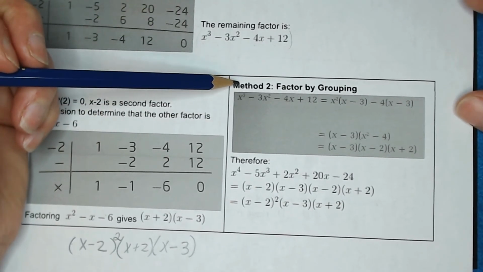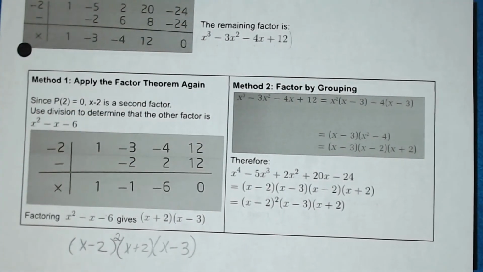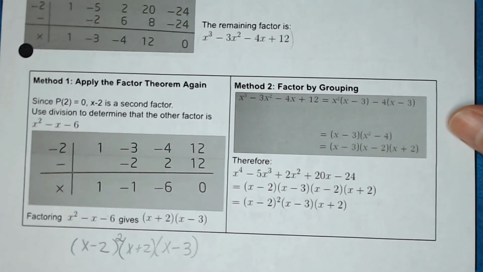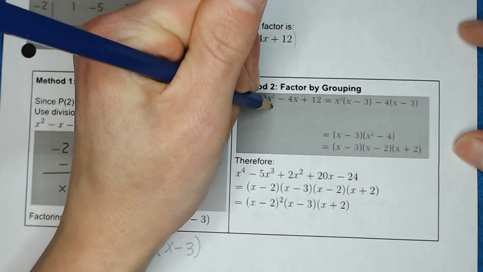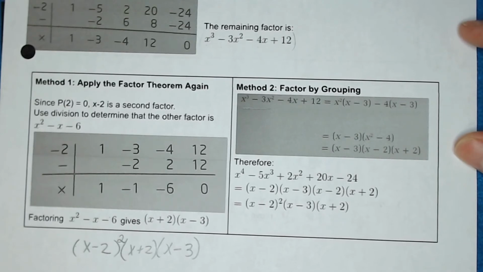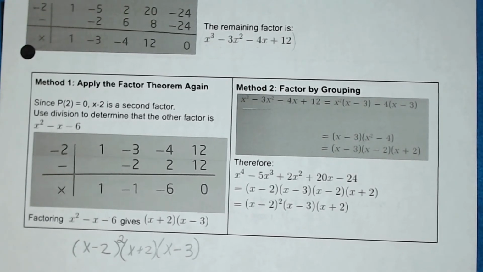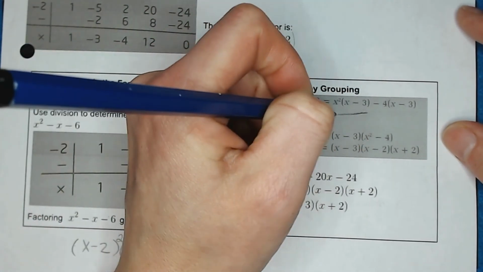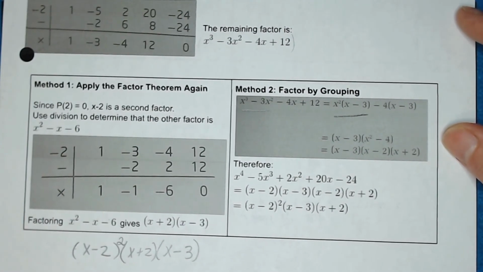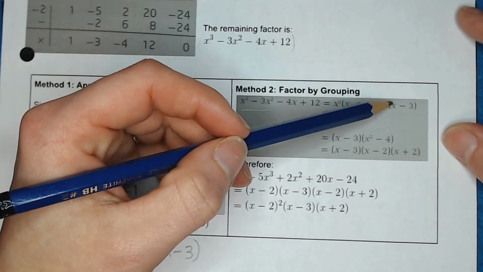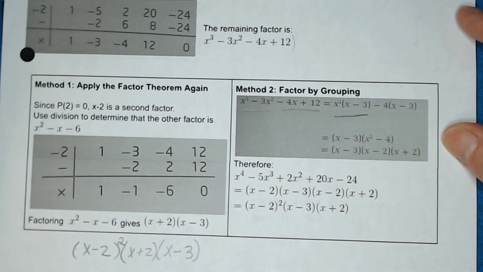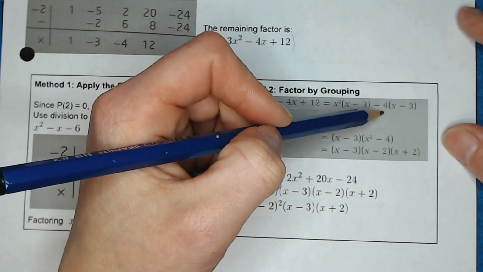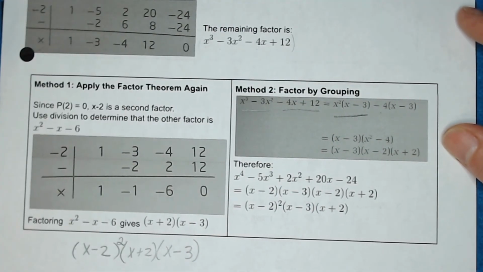Now, there's another additional method that you can use. It's factoring by grouping. And in that circumstance, what you're going to do is divide out a common term. You can see here between x cubed and minus 3x squared, they both share an x squared. So you've divided x squared out of both terms. And then on the last two terms here, negative 4x plus 12, you divide out a negative 4 from both terms.